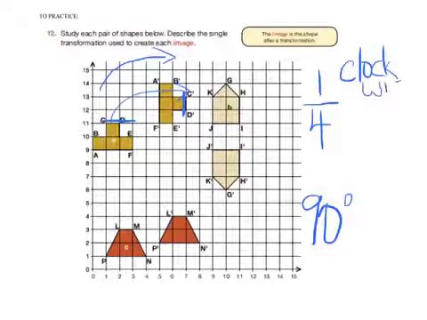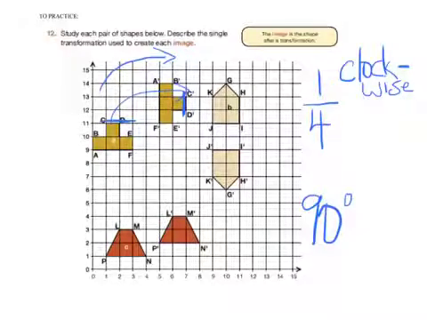Ooh, ran out of room here. I'm going to make this a hyphenated word. Clockwise around what point? Now, my rotation point should be right in this area here, because that's where I would have had to turn from. It was not on a corner. My rotation point is probably right about there.